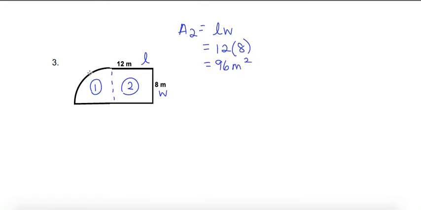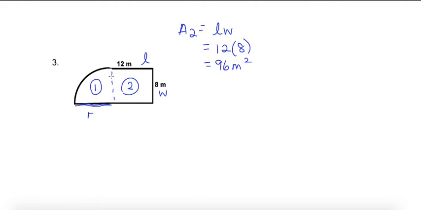When we're looking at the area of a circle or part of a circle, I need to think about whether I know the radius or whether I know the diameter. Because I only know a quarter of the circle, this dimension right here is actually going to be the radius. So it's half of the diameter of our circle.